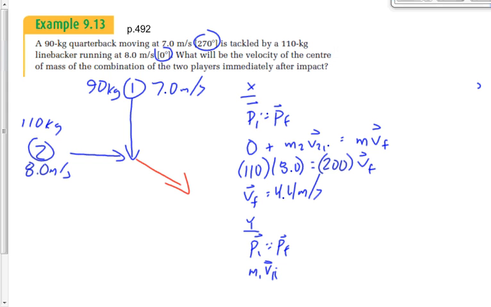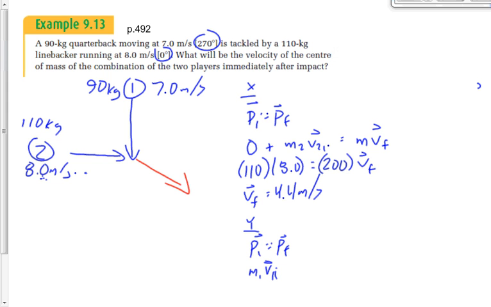The mass of the second one is 110 kilograms. What's the velocity of the second one here? Bailey, what's the velocity of the second one for the y component? Kelsey? 3.15? What's the velocity initial for object number 2?